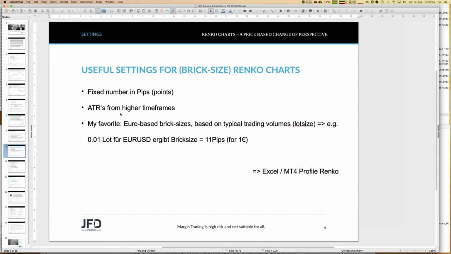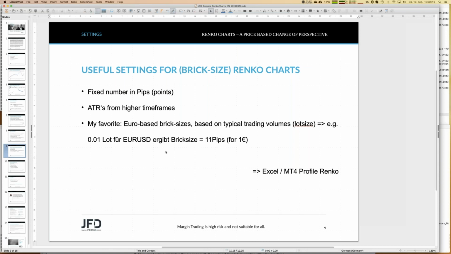So to think about, okay, I want to place my stop loss at 1 euro, 2 euros, maybe it was 8 euros. That would translate simply into 8 bricks. So I can do that directly in the chart. Hey, that's cool. We don't have to do any more calculations later when we move our stop loss or when we place our stop loss. We just have to count bricks, which is quite easy.